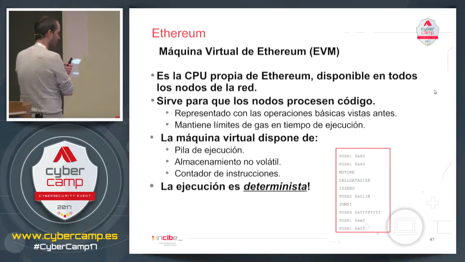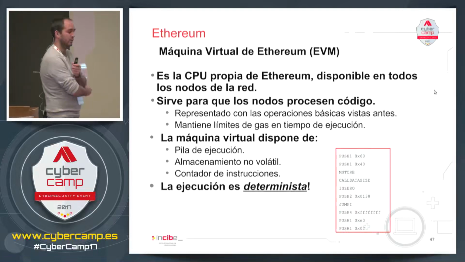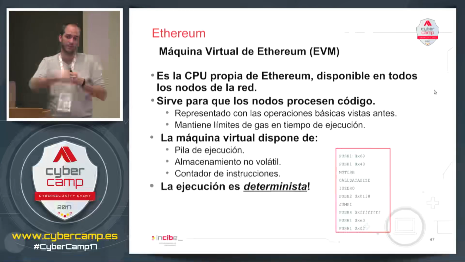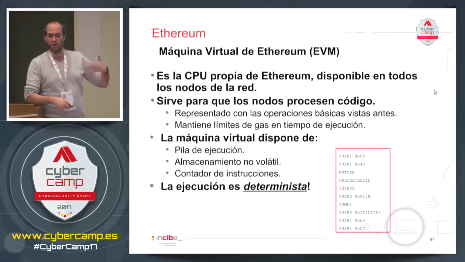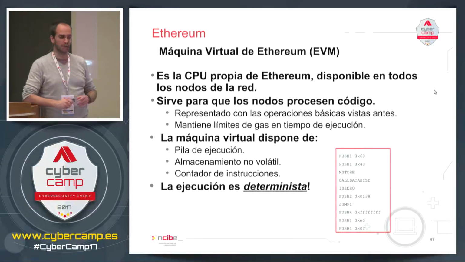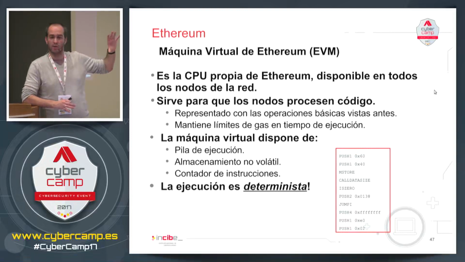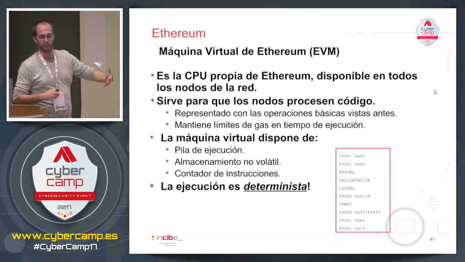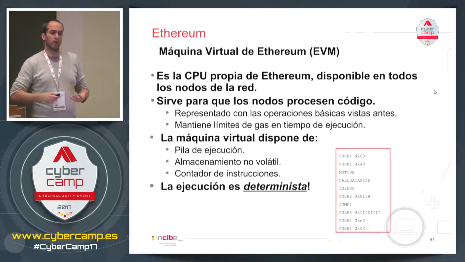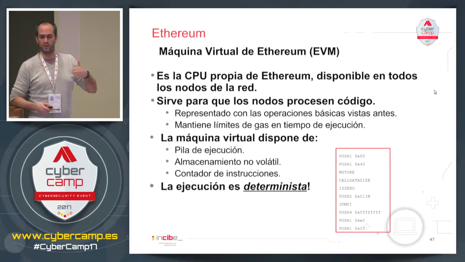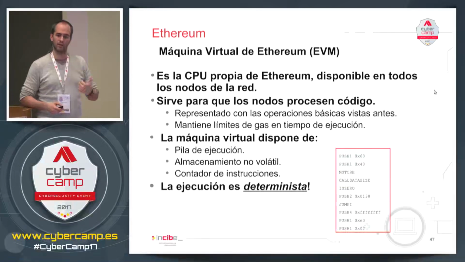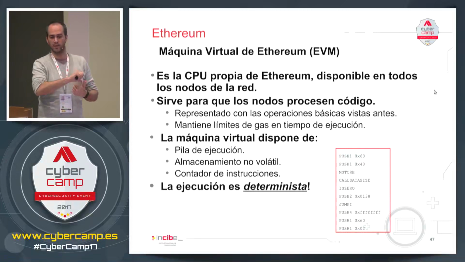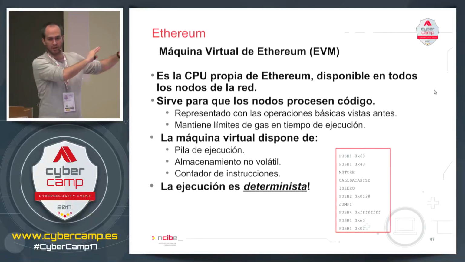So when a node in the blockchain in Ethereum receives a transaction that is just a smart contract with a name, it takes this assembly code and puts it into the Ethereum virtual machine, and it executes it. If the result of the execution says OK, there's no exception, then the transaction is valid. If the transaction is valid, it is accepted, and it gets into the next block.